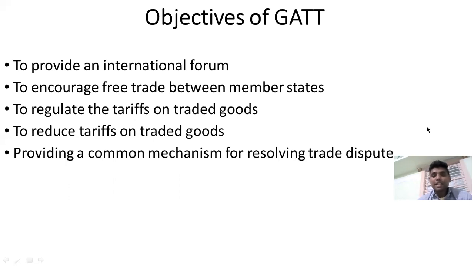And to regulate the tariffs on traded goods. Especially after the Second World War, many countries were increasing their tariffs on traded goods, and the aim was to reduce that. So they started a regulating system, and after the regulation, they started reducing it and providing a common mechanism for resolving the trade disputes.